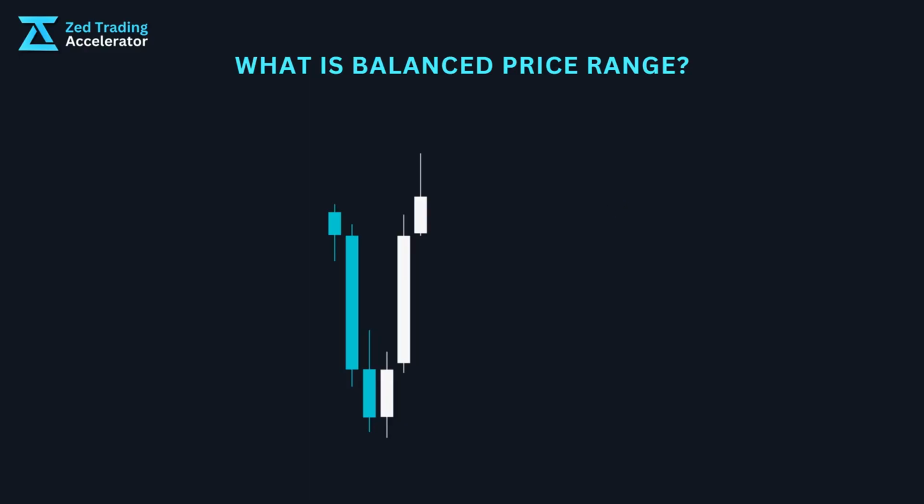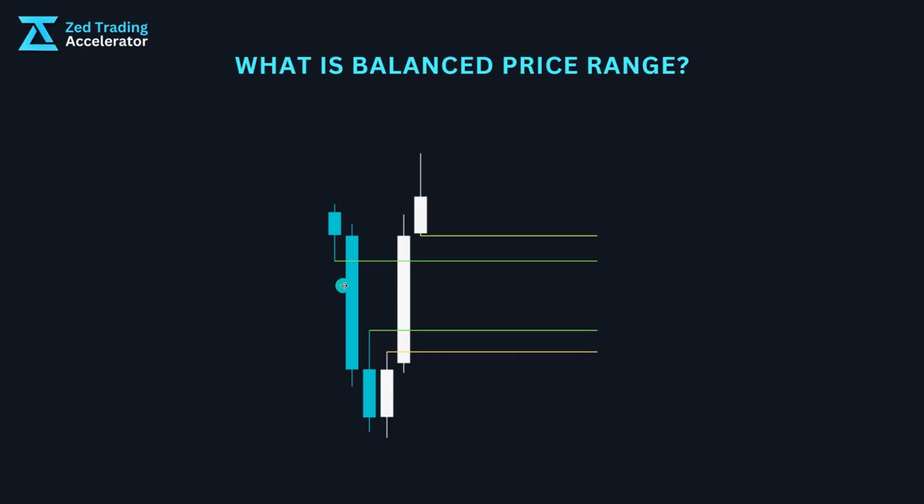It's an equal distribution. As we can see right here, we have a fair value gap. We have the low of the bullish fair value gap right here and the high of the bullish fair value gap. And as we can see also right here, we have another fair value gap on the bearish candles of this price action. We have here the low of the bearish fair value gap and the high of the bearish fair value gap.